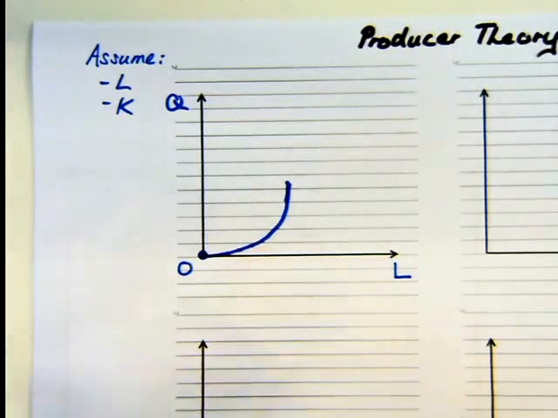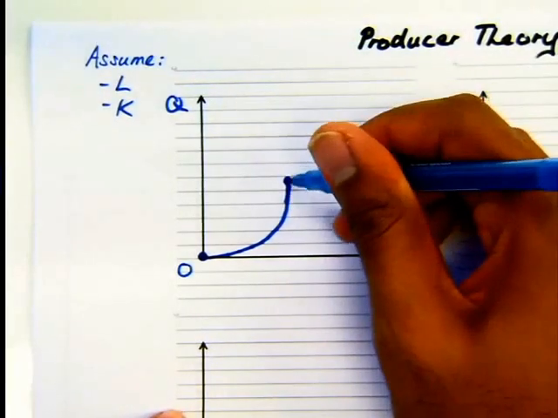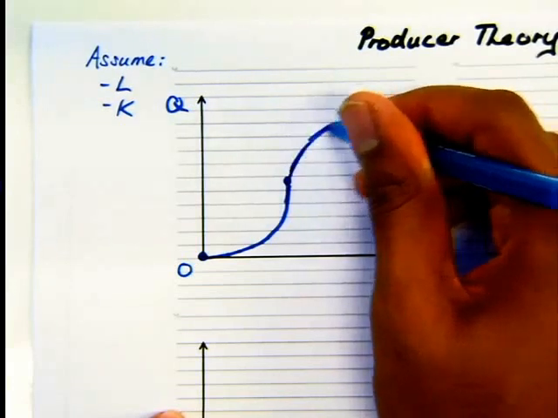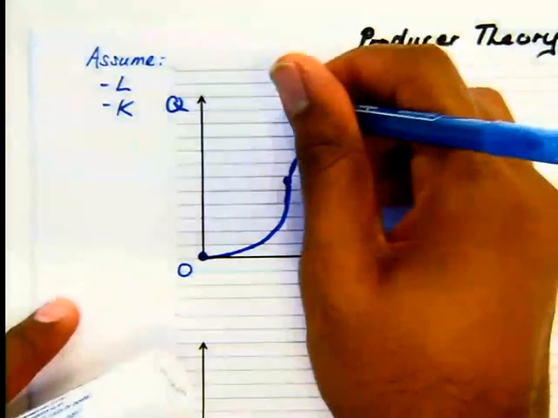So, as the workers specialize, the output increases at an increasing rate. And then what happens? The machine gets overcrowded. You're trying to put too many workers on the same machine, and the output is increasing at a decreasing rate.